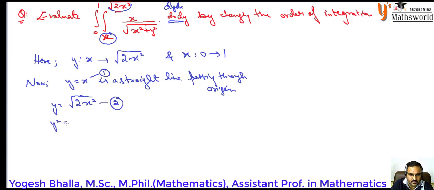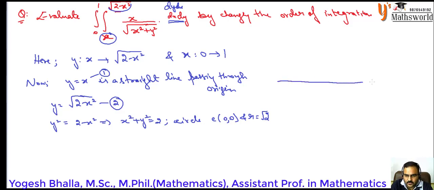Squaring both sides, y square is equal to 2 minus x square, or we can say that x square plus y square is equal to 2, which is a circle. Okay, which is a circle with center at 0, 0 and radius equal to root of 2. So we will discuss this one now. Since x is varying from 0 to 1, that means we have to consider the first quadrant and fourth quadrant.